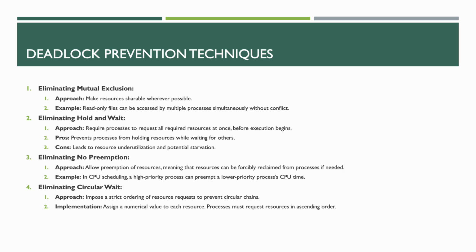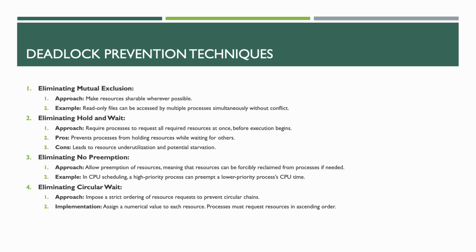Then lastly, we can try to eliminate circular wait. By imposing a strict ordering of resource requests to prevent circular chains from forming, we assign a numerical value to each resource, like for printer it's 1, disks 2, memory 3.